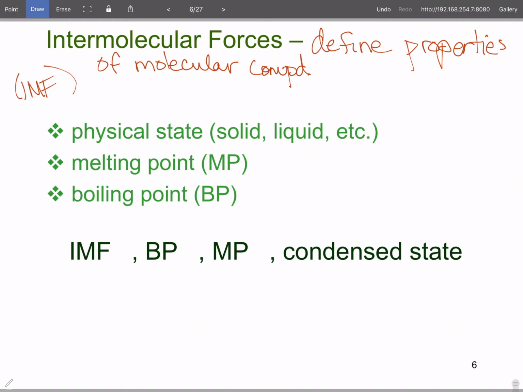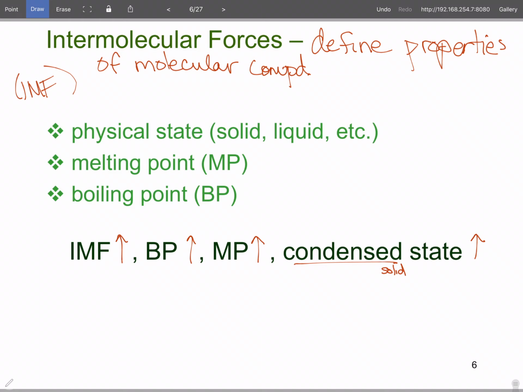And basically, as the intermolecular forces go up, your boiling point will go up, your melting point will go up, and the condensed state goes up. Now, what is the condensed state? Well, as you increase the intermolecular force, you're becoming more condensed, so you're more likely to go to a solid. That's the most condensed. The least condensed state would be the gases, and liquids are in between.